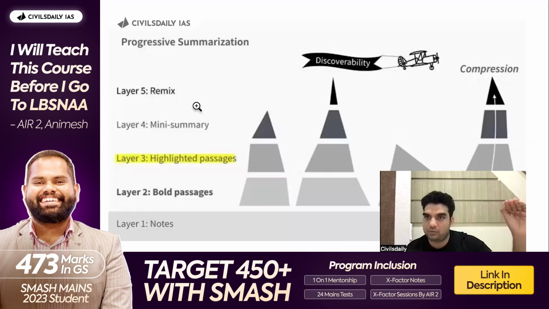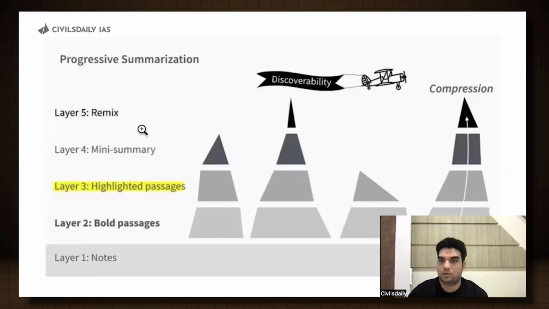When there are only keywords, only one liners, is the discoverability high or low as you go up? High. So will you be able to find topics faster, or will it be a struggle as compared to long passages, etc.? Right? So that's the whole point, right?